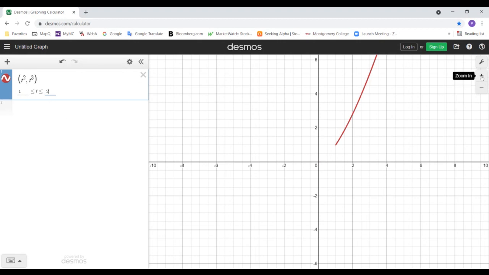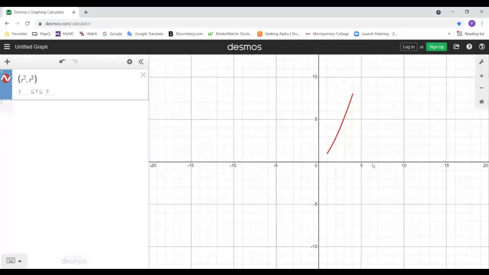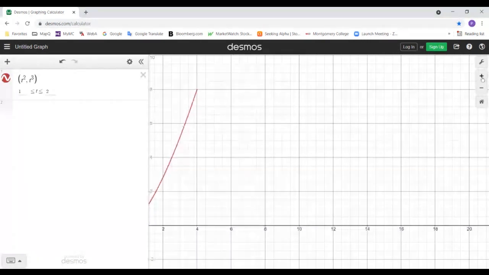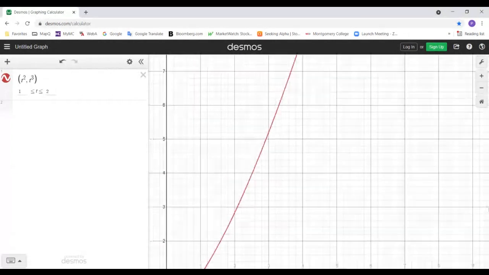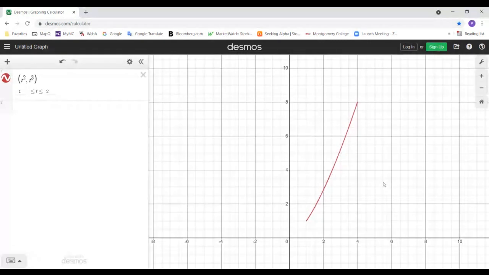Now let me zoom out a little bit. There's a lot of wasted real estate here, so I'm zooming in and out just to get a nice window. And so there we've graphed this arc.